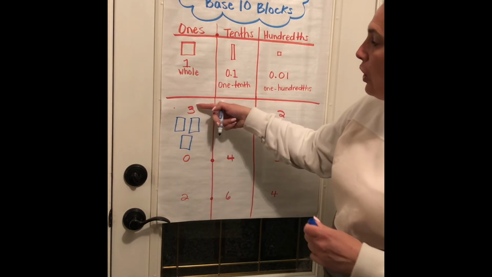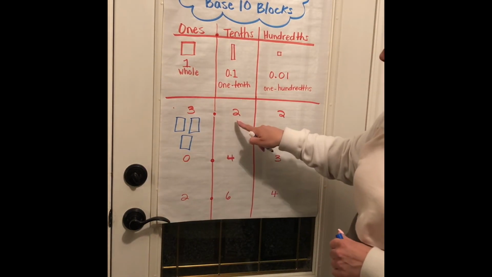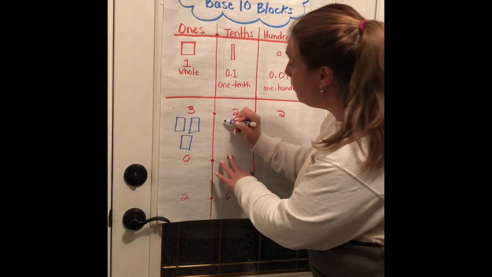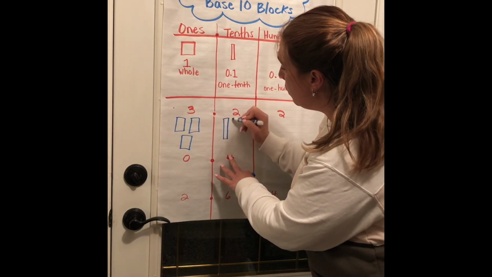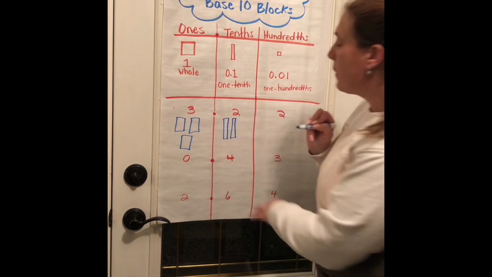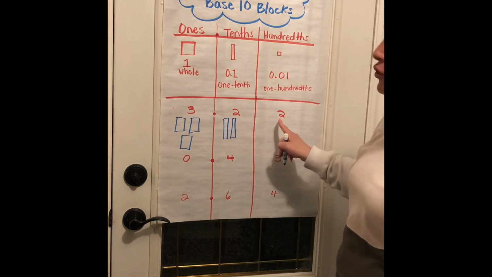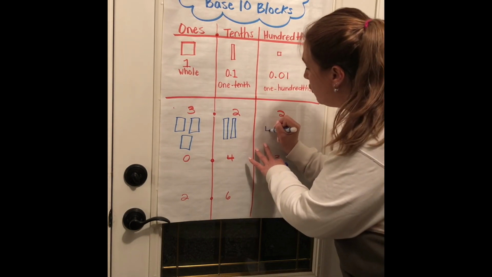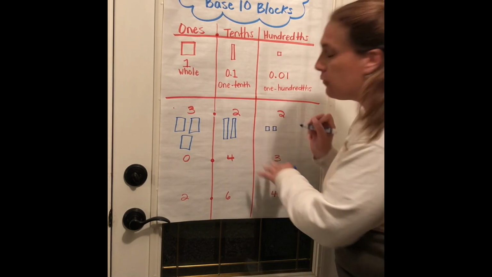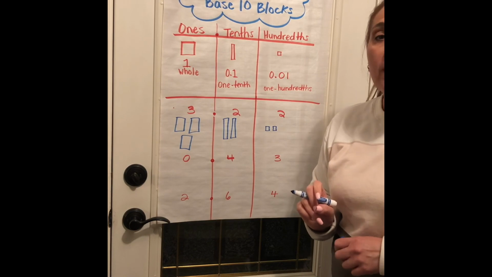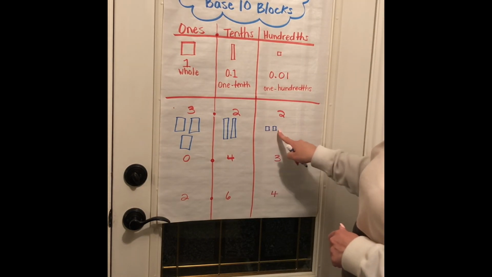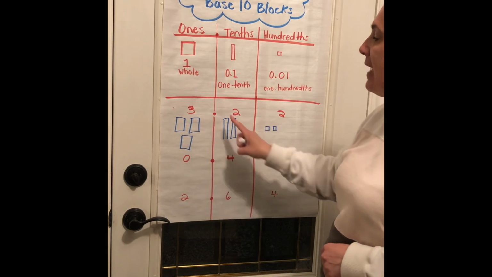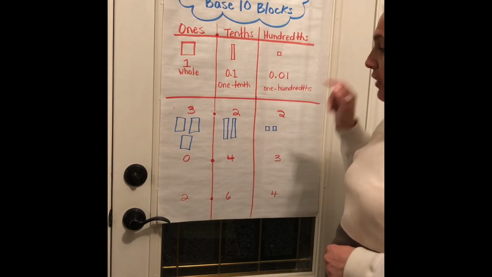So we've got 3 wholes. We've got 2 groups in the tenths column, so we draw 2 rods. And then we've got 2 groups in the hundredths column, so we draw 2 little squares that represent 1/100th each. We've got 2 hundredths. And remember, we say this number 3 and 22 hundredths.